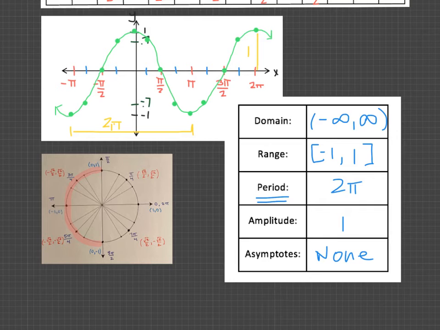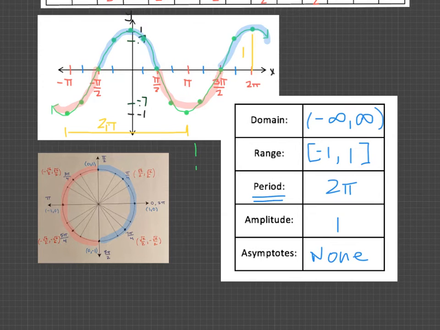Those correspond to where the graph is below the x-axis, where we have negative function values. And in quadrants 1 and 4, where cosine values are positive or x values are positive, that corresponds to where the graph is above the x-axis, where the function values are positive.